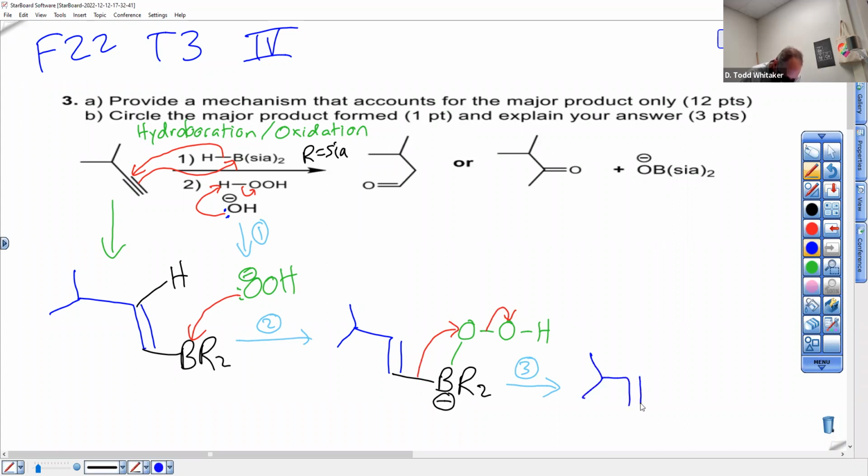Okay, now that bond is now up to here where there's an O. I know it looks extreme, but just trying to show that the only thing that happened was we moved that carbon to the O. And equally important, you made a new O minus. What are you going to do with the O minus? Attack the B again.